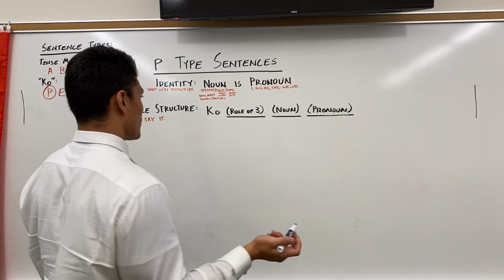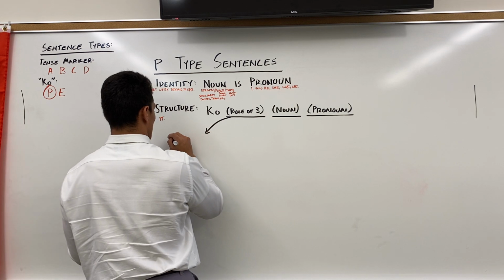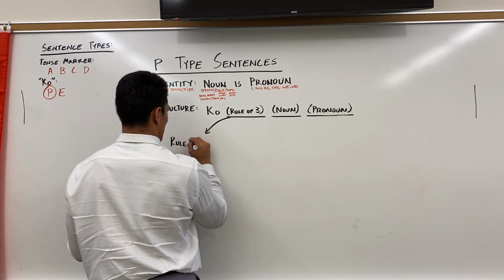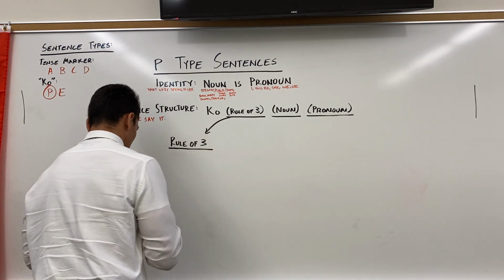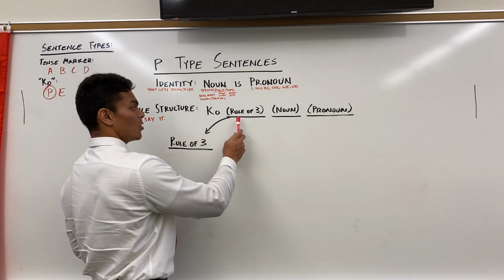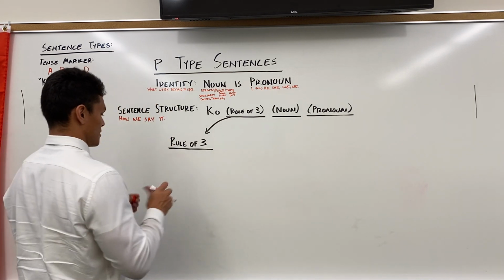So you're probably wondering, what is the rule of 3? Well, lucky you, we're going to talk about that. So, rule of 3. In this spot, we can have one of 3 things, or we can have none of those 3 things.